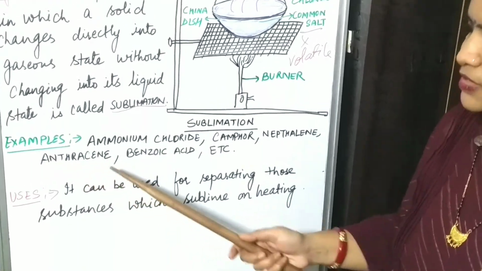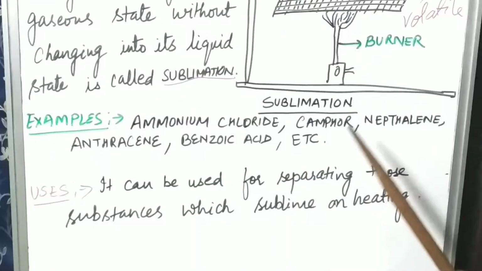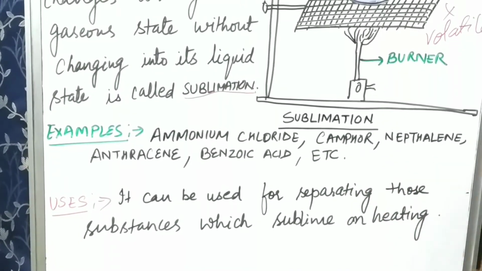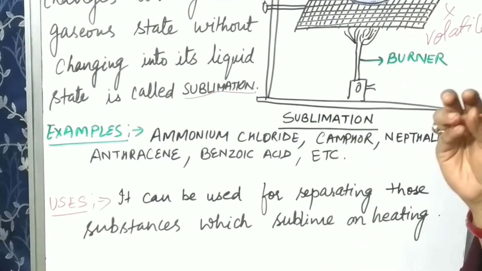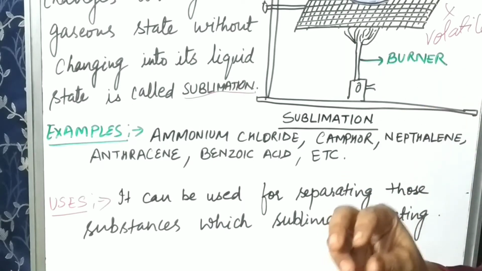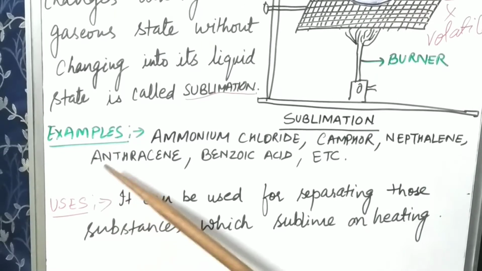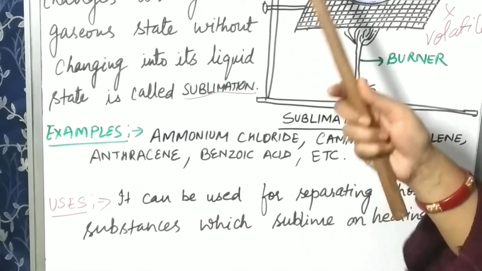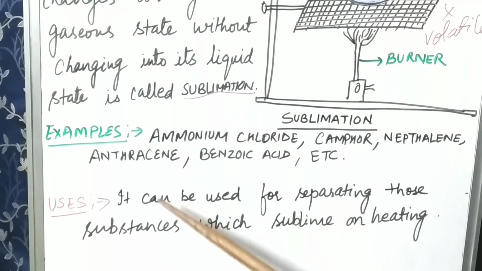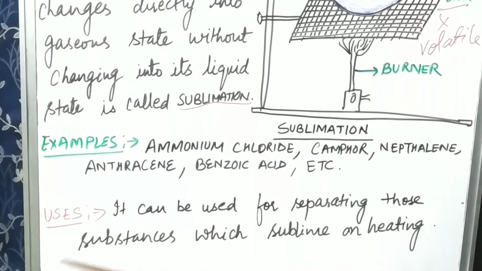Here I have taken some examples like ammonium chloride, which we have just discussed. Camphor, I have shown it to you. Naphthalene balls you have also seen at your home: white balls which your mother keeps along with the clothes, even in washrooms and in sinks. Anthracene is an organic compound which also has a tendency to show sublimation, meaning it converts directly into gaseous form.